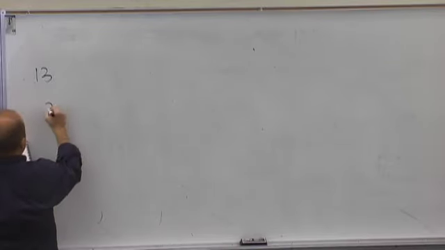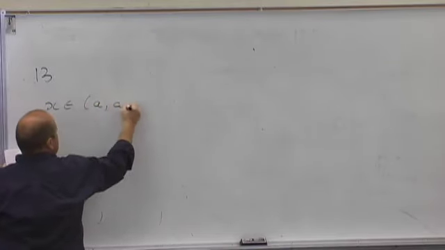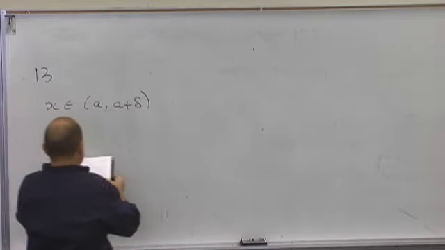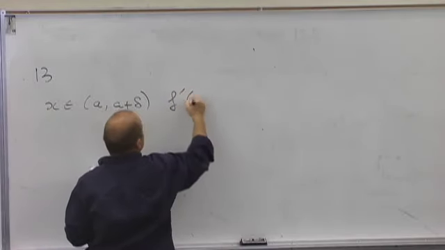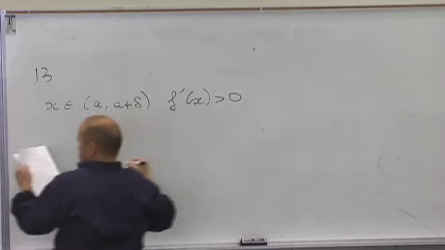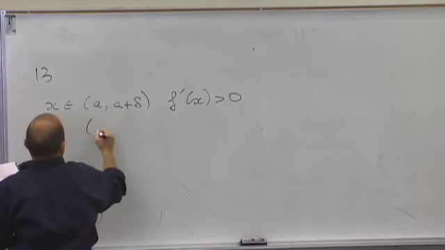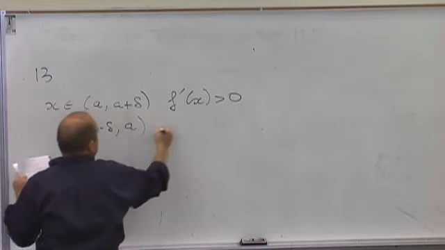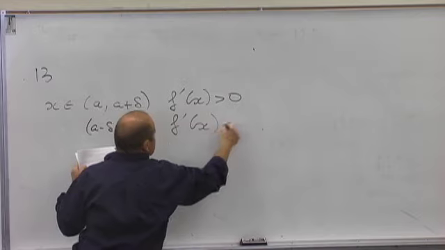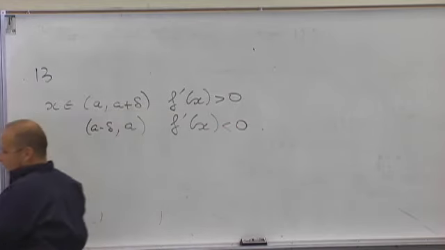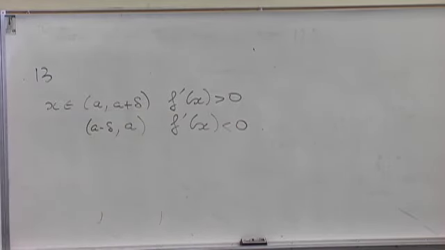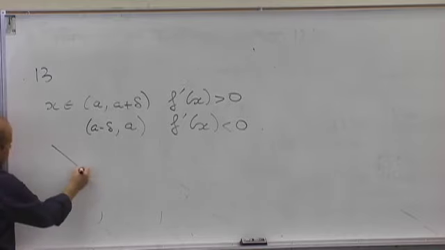So we are assuming that if x is in a plus delta, then f prime is positive. And if x is in a minus delta a, f prime is negative. And the question is, find that f has a local minimum. Well, yeah, because it's decreasing.